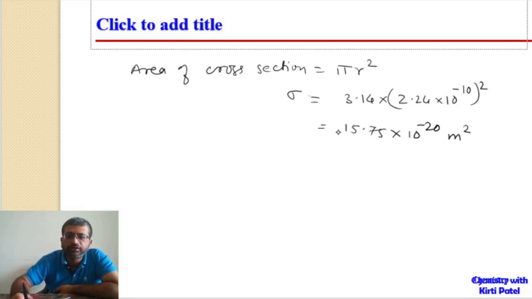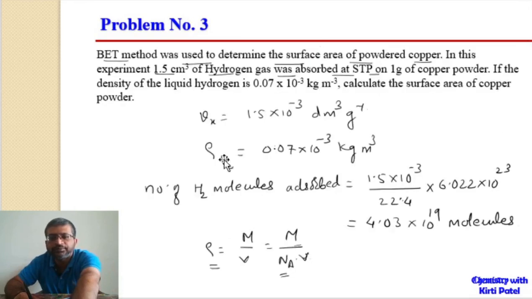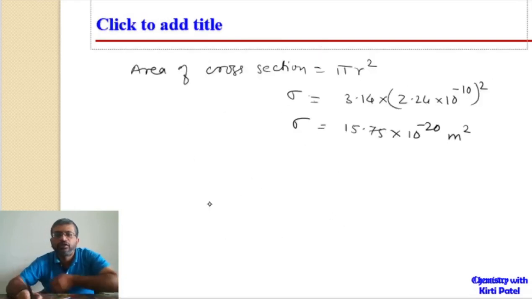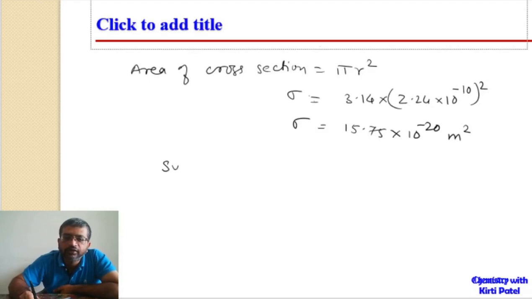So we have this sigma, and we have previously calculated the number of molecules as X equals 4.03 into 10 raised to 19. So the surface area of copper powder will be S equals X into sigma.